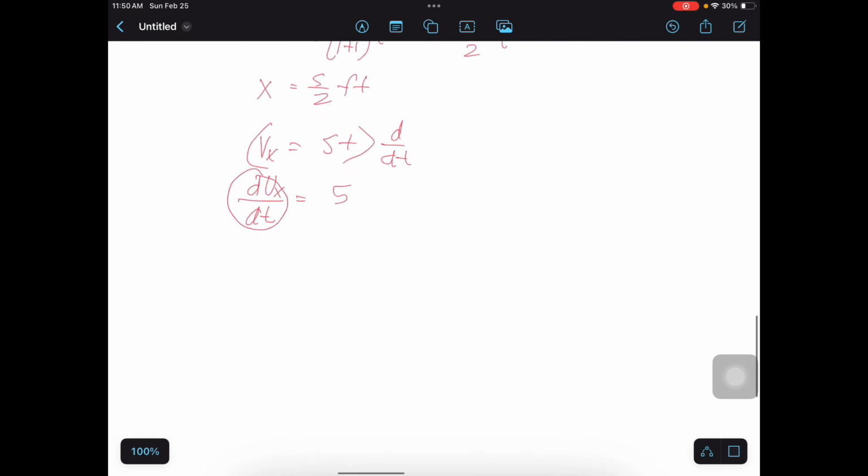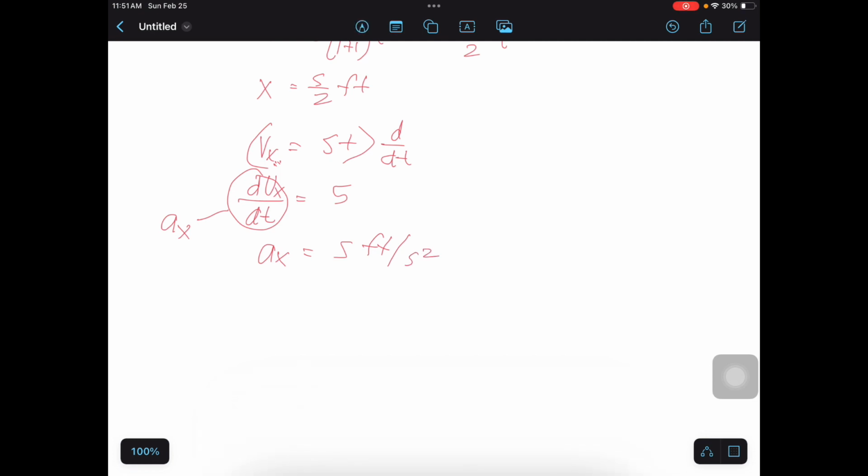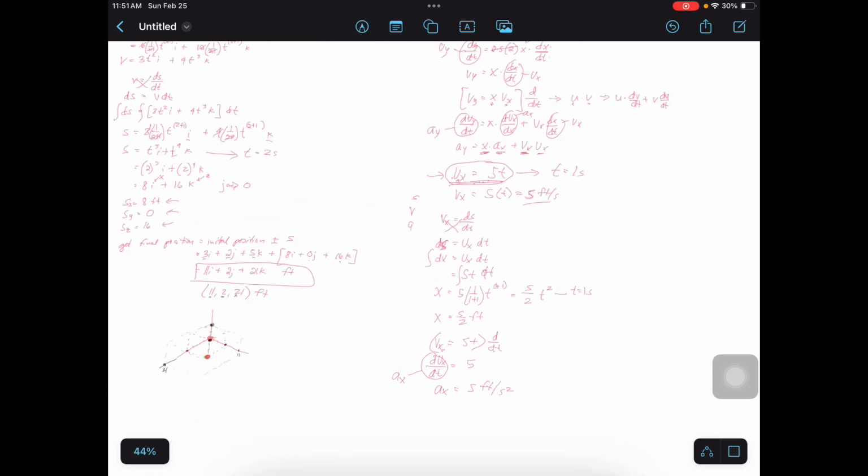So, this is the acceleration. When you derive velocity, you get acceleration. But since this is along x, the acceleration is also along x. So, now we have all the values.